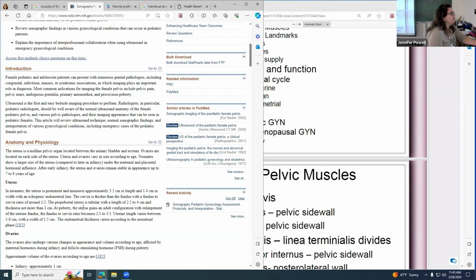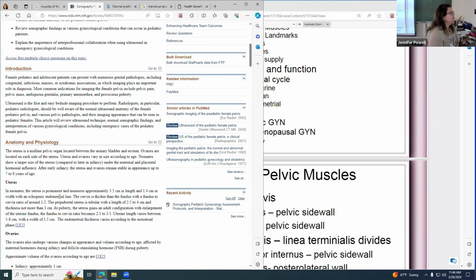The prepubertal uterus is tubular with a length of 2.5 to 4 centimeters, thickness of not more than 1 centimeter. But what happens at puberty is that the adult configuration happens and the fundus grows, so that the actual uterine tissue grows, and that fundus to cervix ratio becomes 2:1 to 3:1. So this uterine length varies between 5 and 8 centimeters with a width of 1.5 centimeters, and then the endometrial thickness varies with the menstrual cycle.